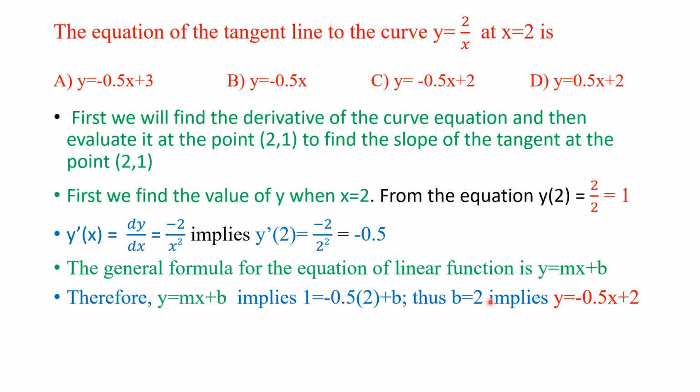And b equal to 2 implies the equation: y equals m, which is negative 0.5, multiplied by x, plus b, which is 2. And that is the equation that we are looking for. From the choices, it will be choice number C.